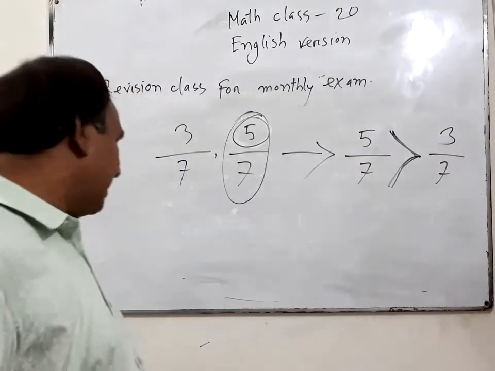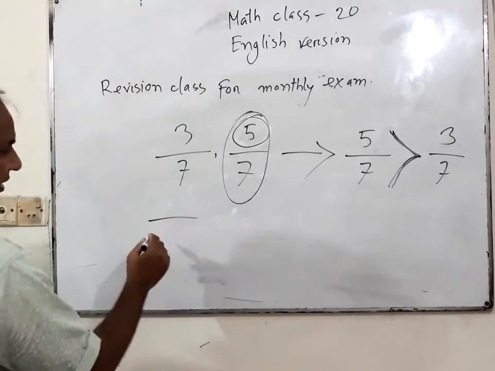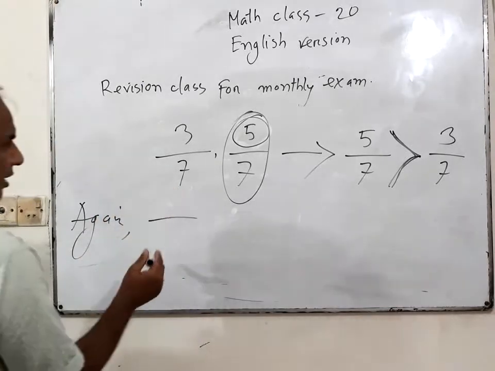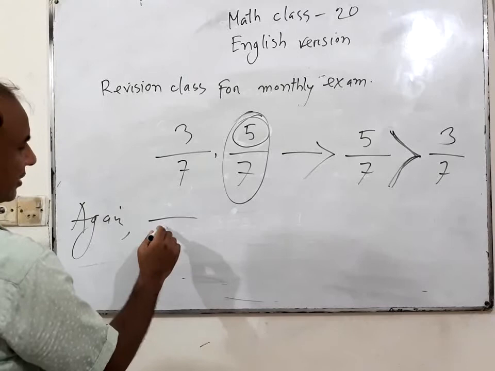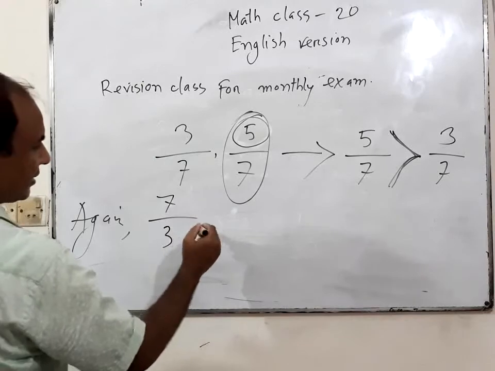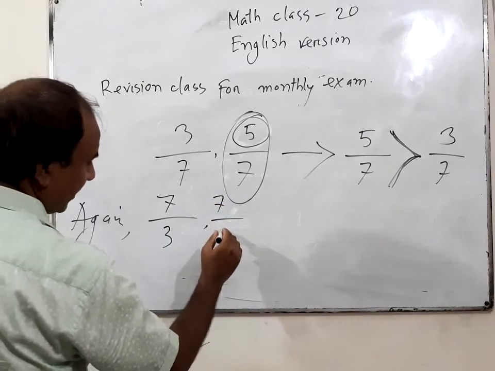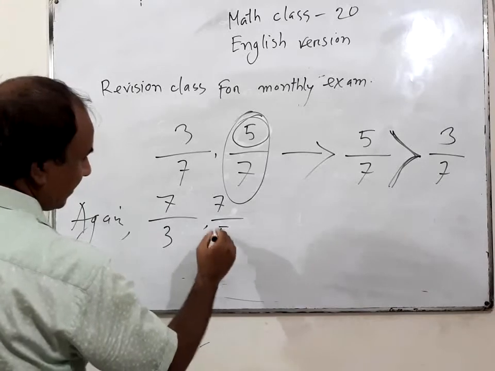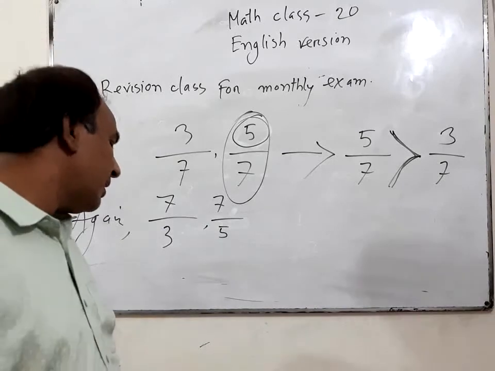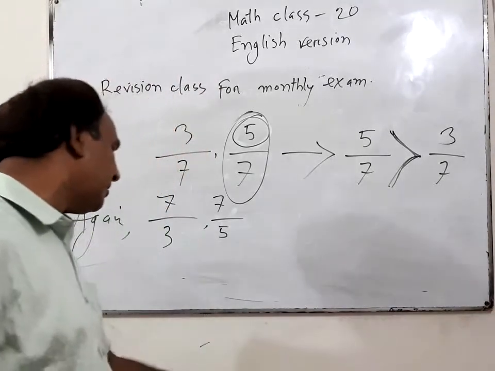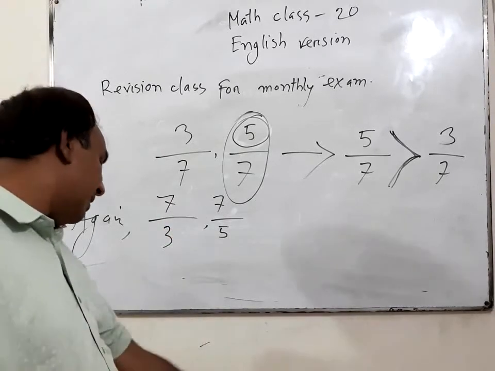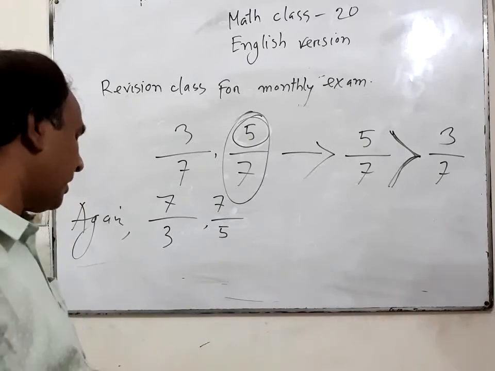And another one: if the numerators of two fractions are equal, suppose 7 by 3 and 7 by 5, the fraction having a greater denominator is less than the other.